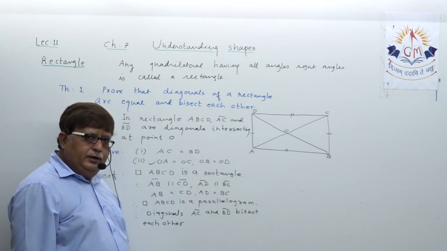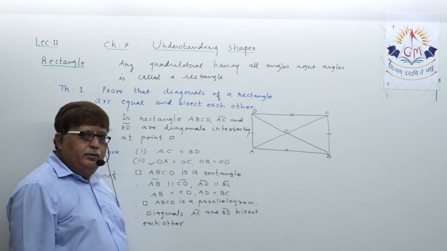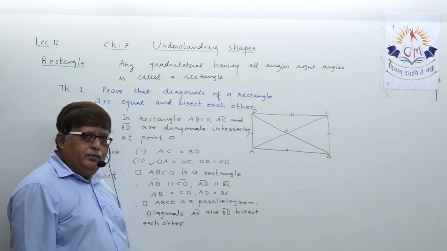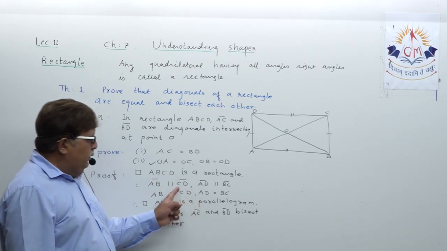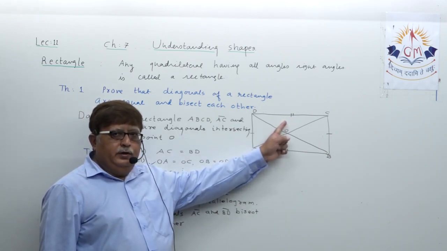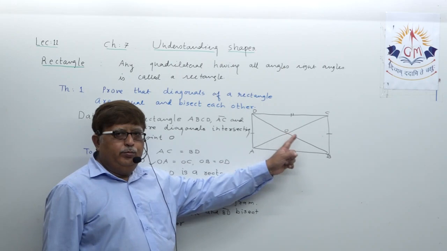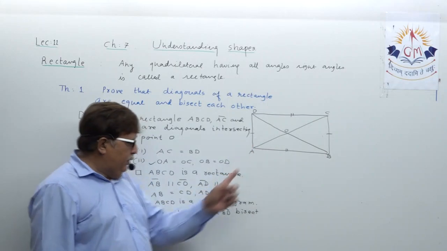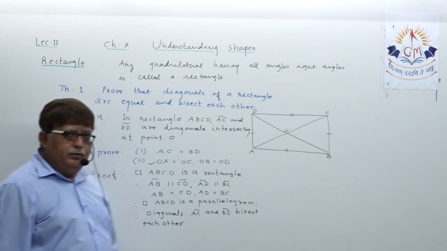Because it is a rectangle, both pairs of opposite sides are parallel and congruent. That we have written: AB parallel to CD, AD parallel to BC, AB equal to CD, AD equal to BC.